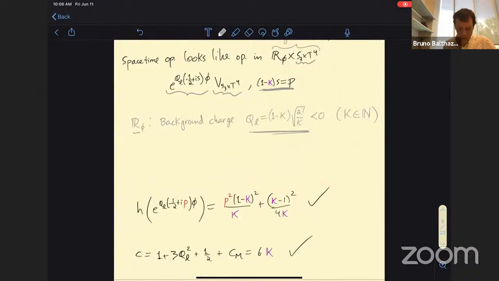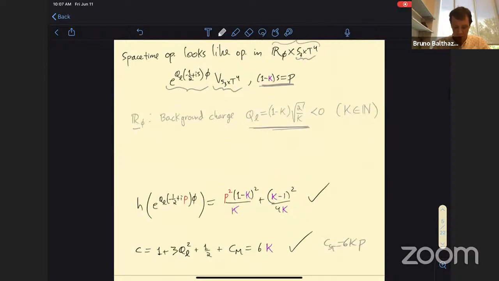And furthermore, the central charge of the Seiberg-Witten theory also is the same as the central charge for a single long string. Because recall that the central charge of the spacetime CFT was 6kp. So it's like you have p long strings, each with central charge 6k.